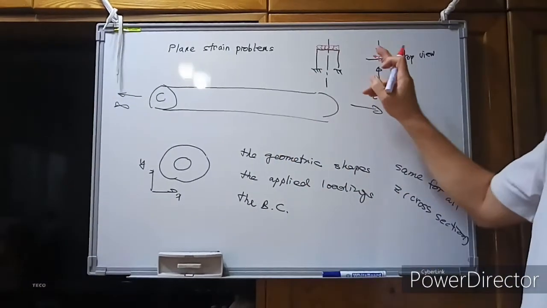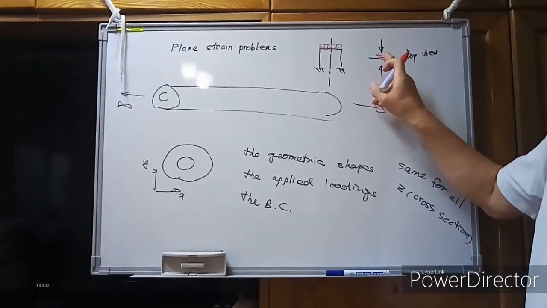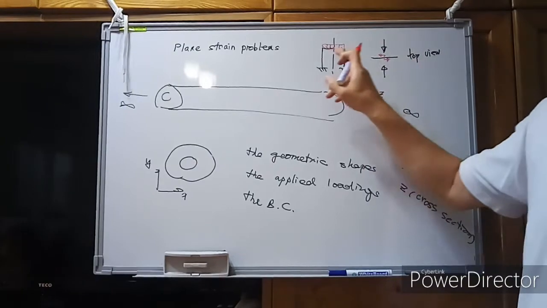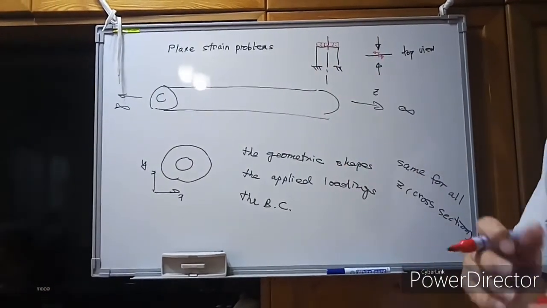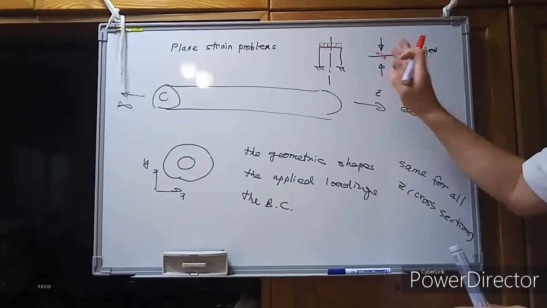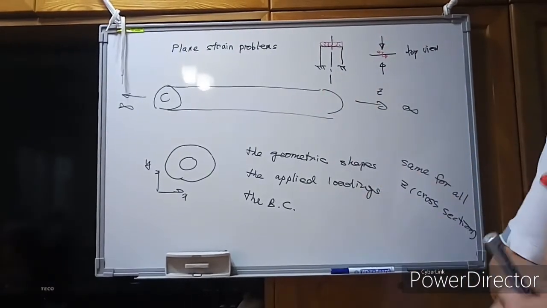It is not possible for a point to move to the right and also move to the left. So the only possibility is that the displacement is equal to 0.